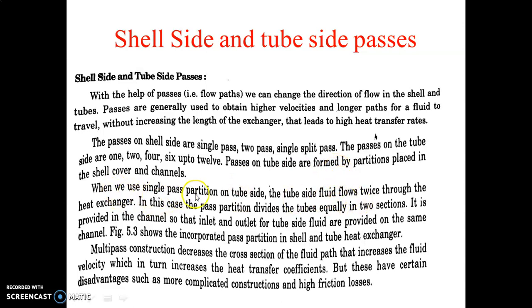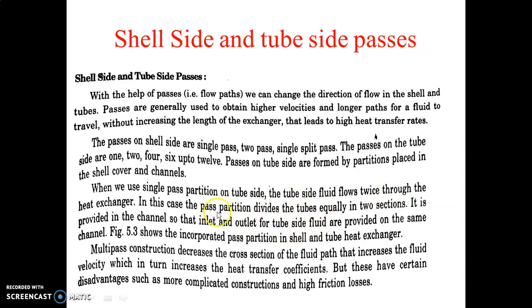If we use a single pass on the tube side, the fluid flows twice through the heat exchanger. And when we use two pass partitions, the tube side fluid flows 4 times.